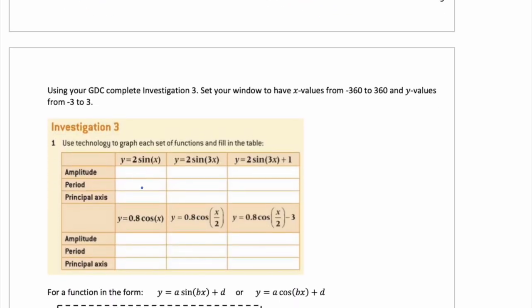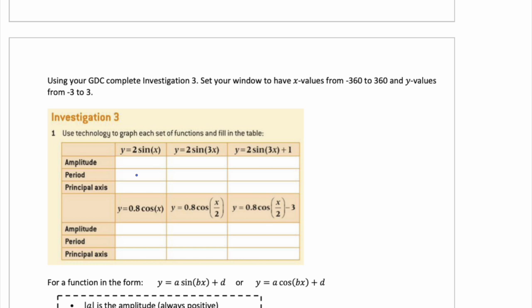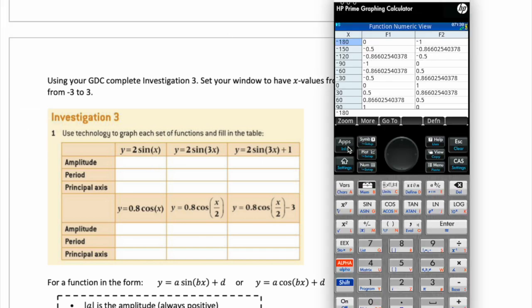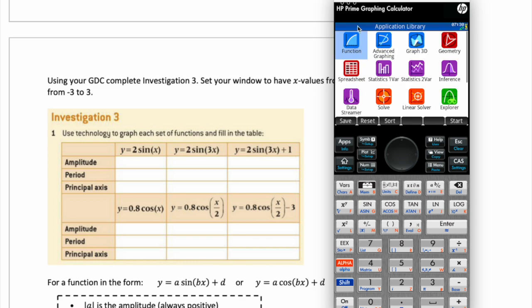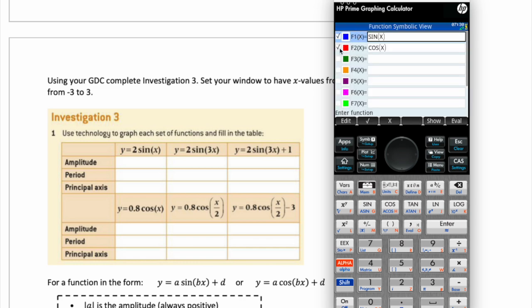Okay, so let's check out the amplitude and period of these functions. They all have a 2 in front. Let's see what happens if we graph it. So let's go to apps, function. Let me take that one off and let's stick a 2 in front here.